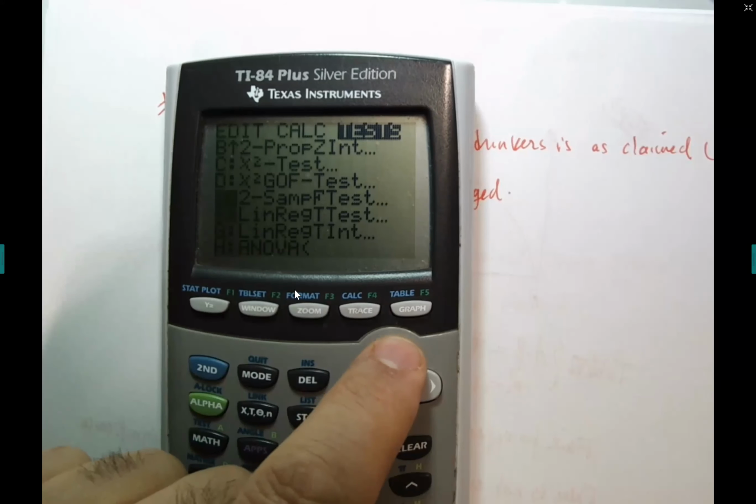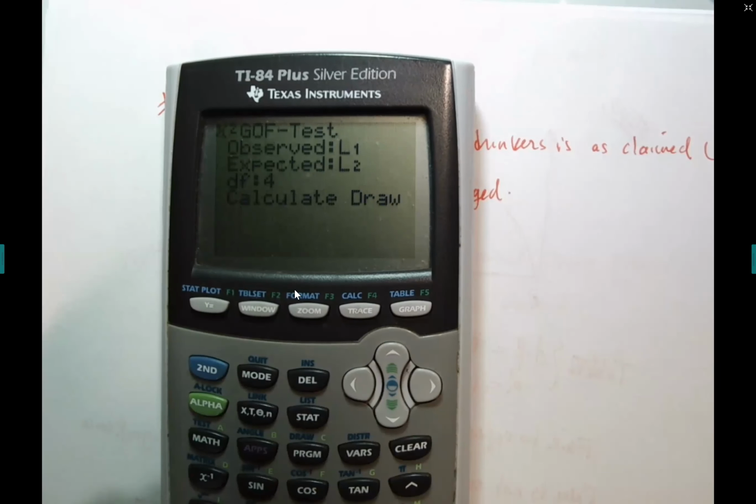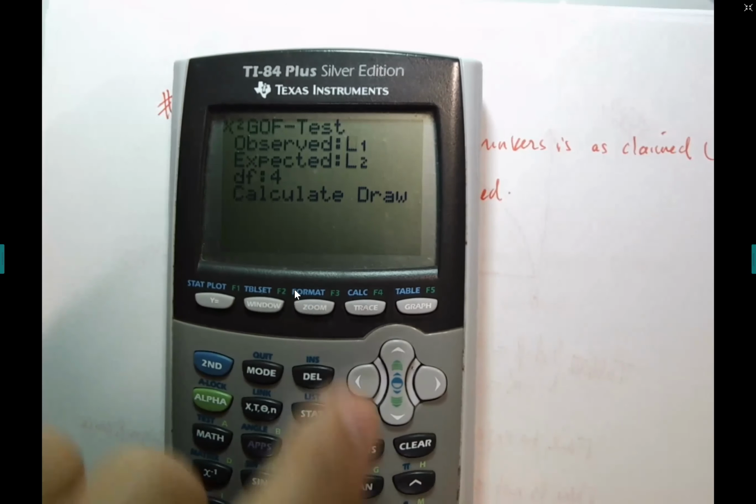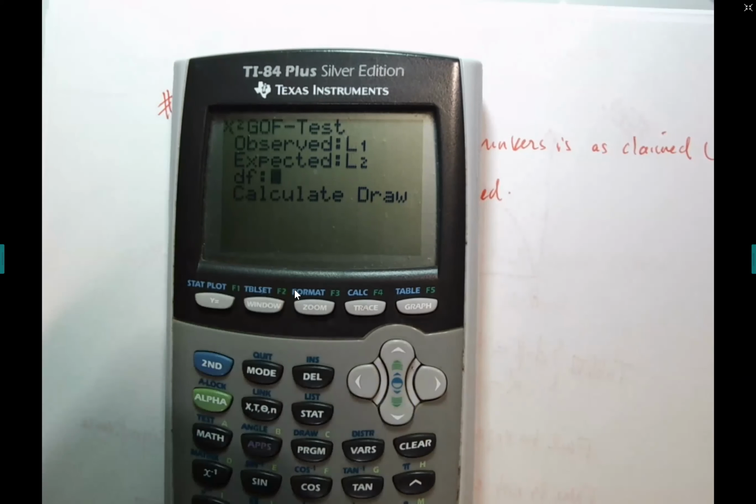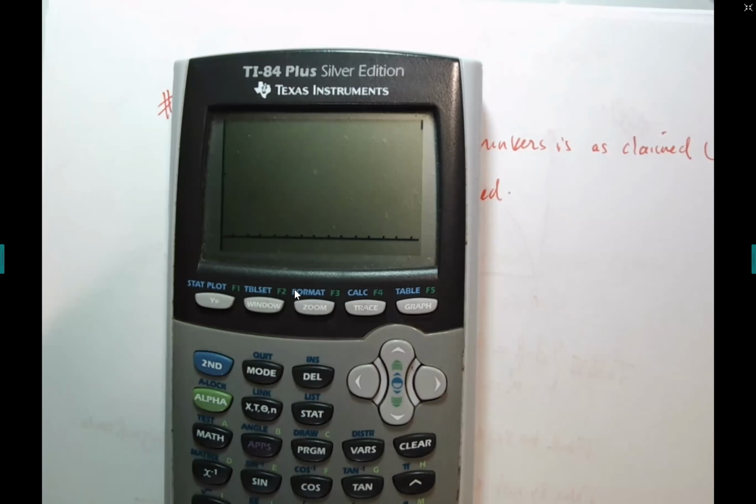So it is right there. You see L1, L2. How many categories do I have? I think we had 5 categories, so the degrees of freedom is 4, still 4 here. And you want a draw? I can do a draw here for you. See the p-value?